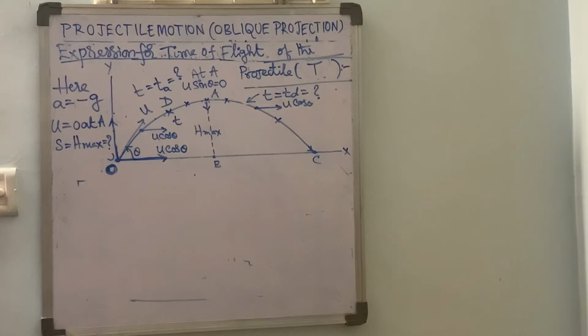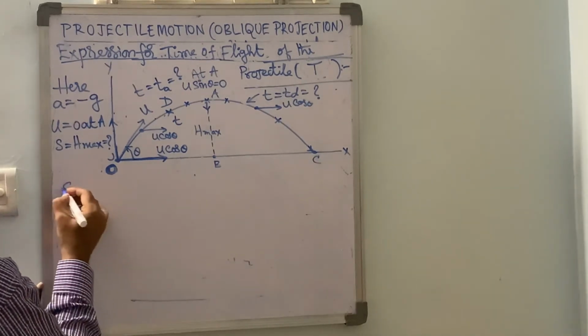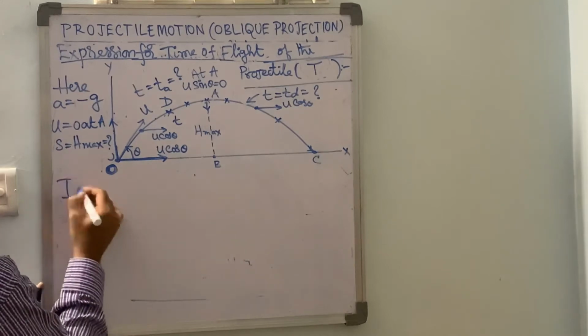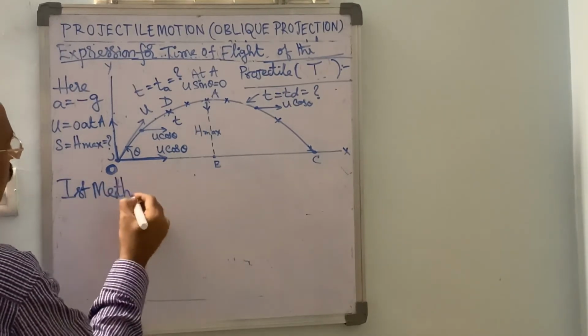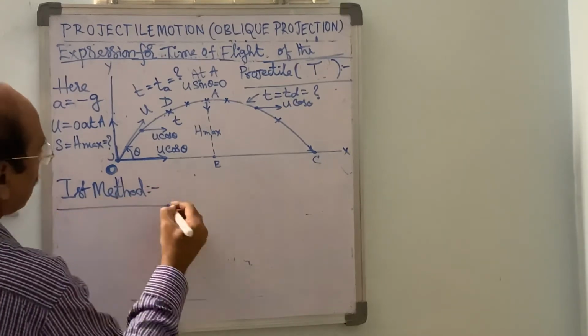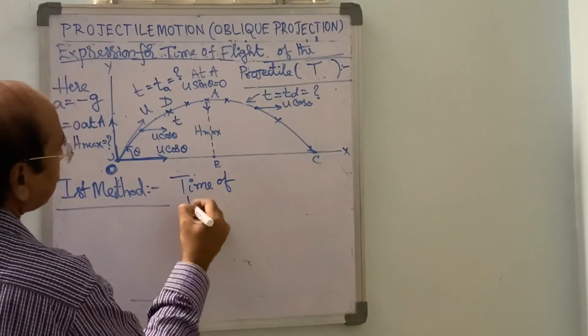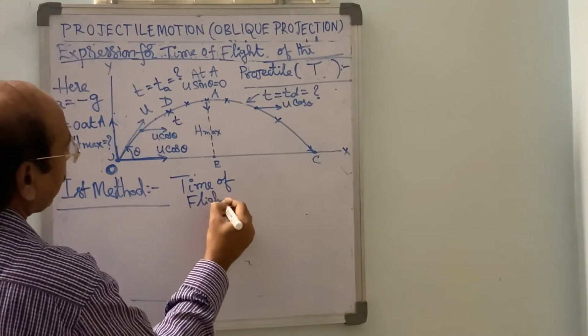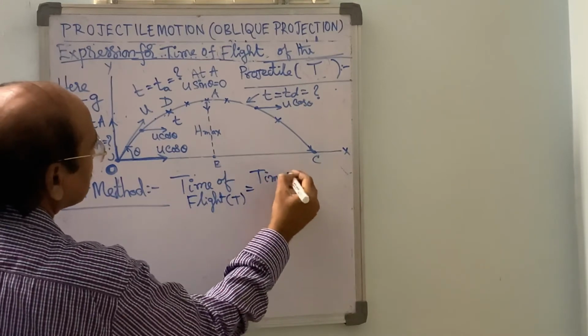This can be obtained in two ways. First method: time of flight is equal to time of ascent plus time of descent.